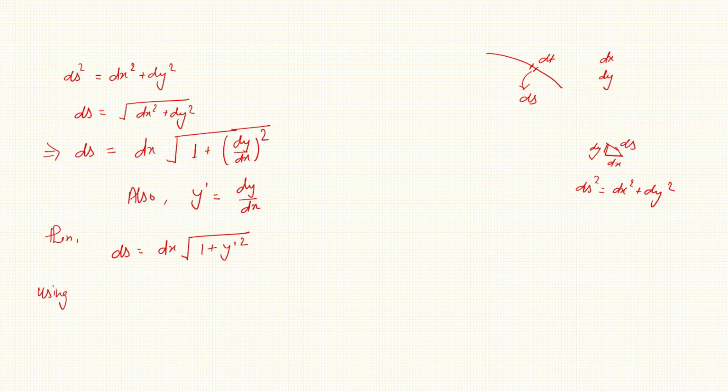Using this in equation 1, we can write dt is equal to 1 upon under root 2g, 1 upon under root y, into dx under root 1 plus y′ square.